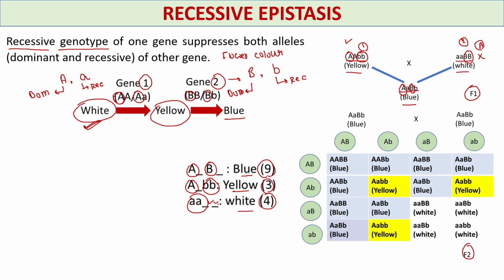Therefore, we can understand that the recessive genotype of gene 1, that is small a, is suppressing both alleles capital B and small b of gene 2. Hence, it is called recessive epistasis. The phenotypic ratio of F2 generation is 9:3:4.